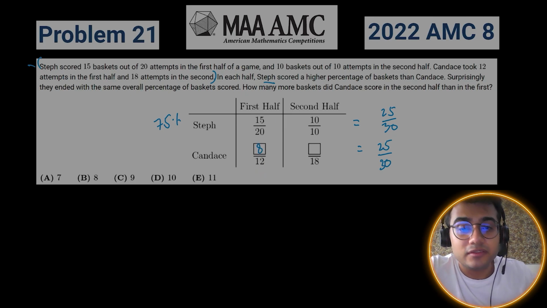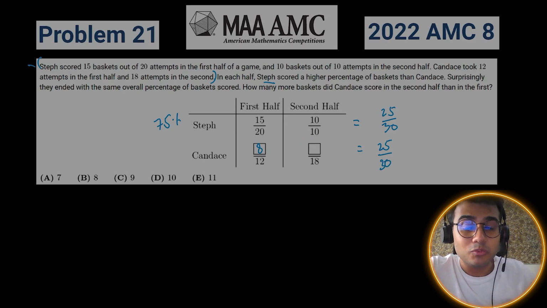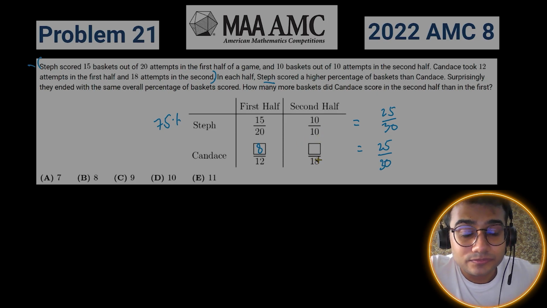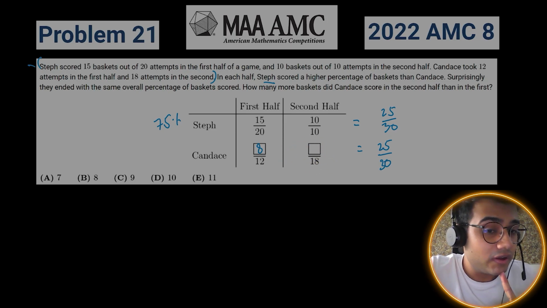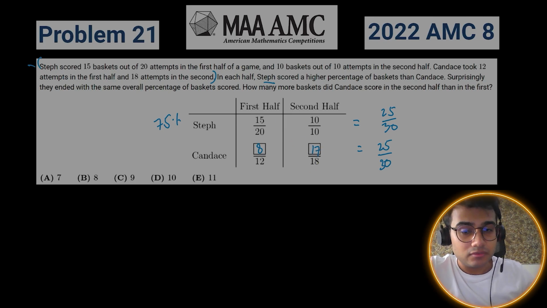Okay, less than 9 is 8. And then 10 out of 10 is like 100%, so anything less than 18 is gonna work, right? So this can be, let's say, whatever else we are left with. So 25 minus 8 is gonna be 17, right? So that is less than 100%, so it does satisfy the condition.